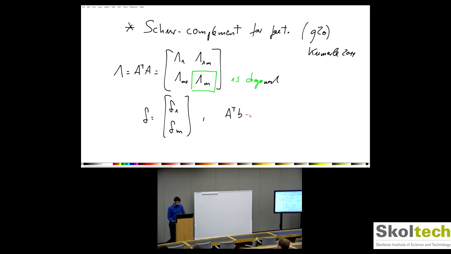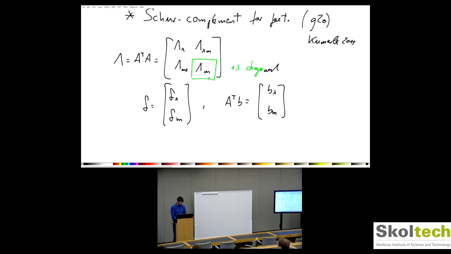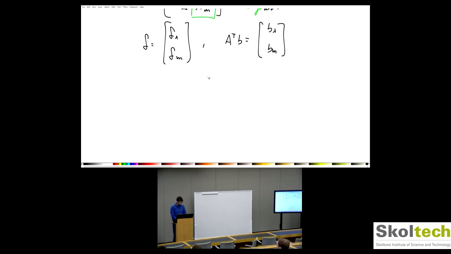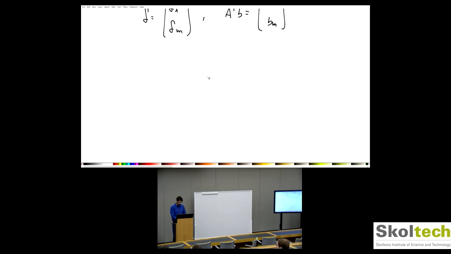And then this is the residual, the B vector, so it's also going to be divided into parts. Okay, so we are just going to break down these things, knowing that this block matrix is diagonal. And as you have guessed, we are going to exploit this by the Schur complement, so it's going to give us an advantage.